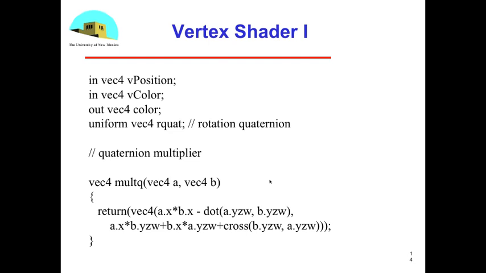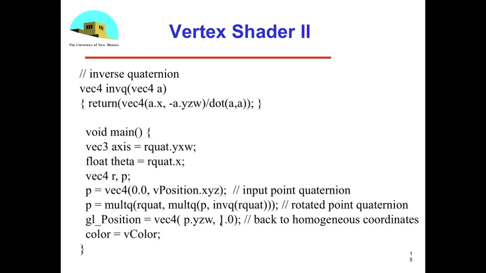So here's a quaternion multiplier that takes in a vec4, but now the vec4 represents not a position or a color, but a quaternion: the four constants that determine the quaternion A and the four constants that determine the quaternion B. All it has is one line that returns a vec4, which is exactly the formula that we had when we talked about quaternions. And notice that dot and cross are functions built into GLSL, so you don't even have to write those yourself. Here's a direct one-line quaternion multiplier.